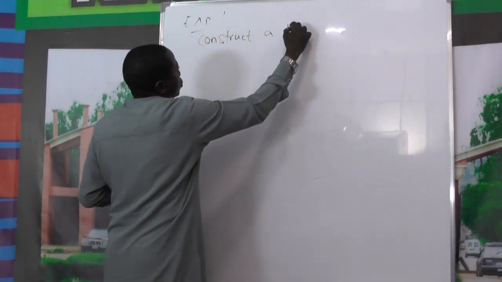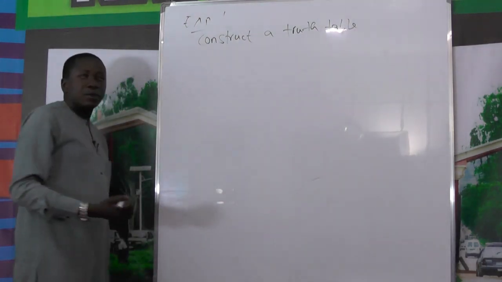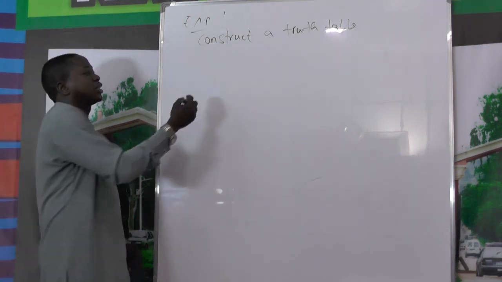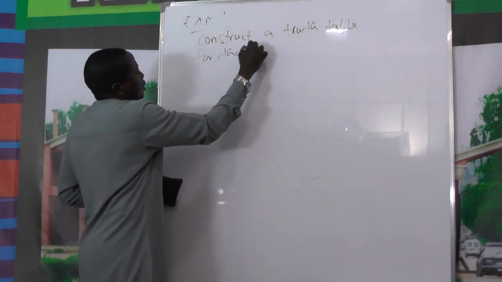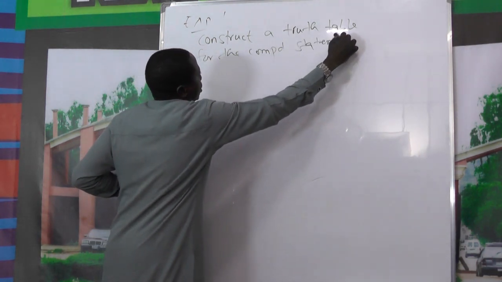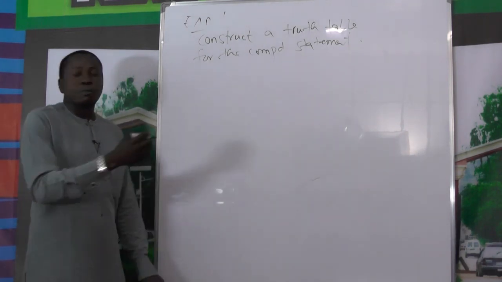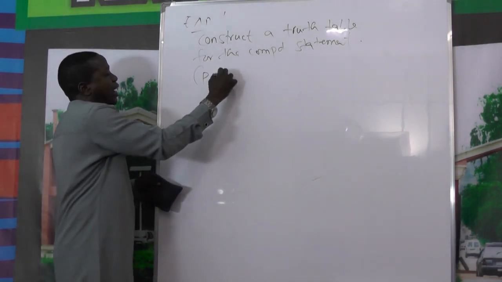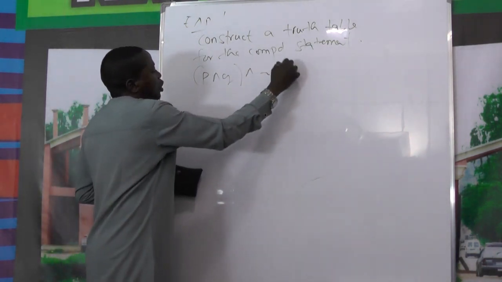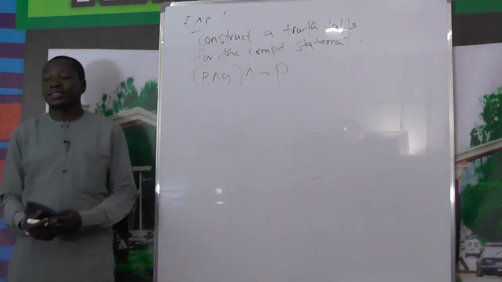a truth table for the compound statement. What is the statement? We are given P and Q and negation P. This is what we call a compound statement.